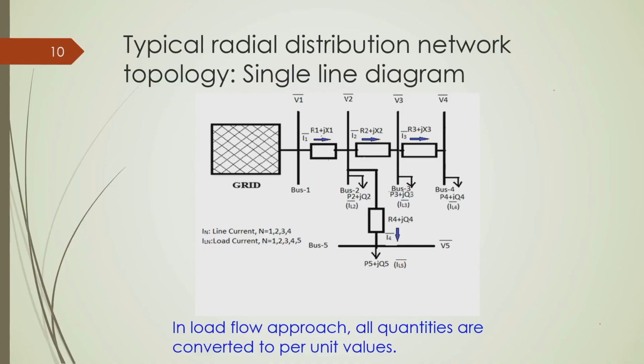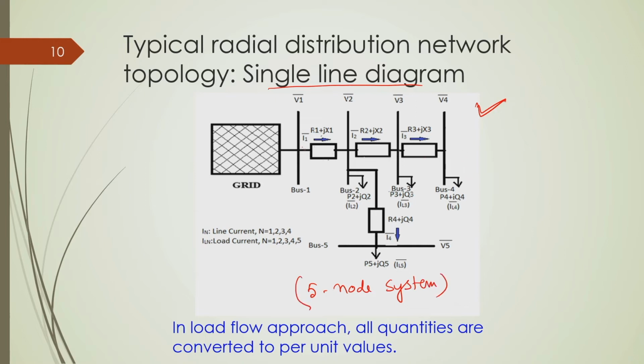So, whatever I discussed in this lecture is basically written in slide form. Here we took the single line diagram of a typical distribution network to illustrate that. You can see this is a 5 node system. Okay.